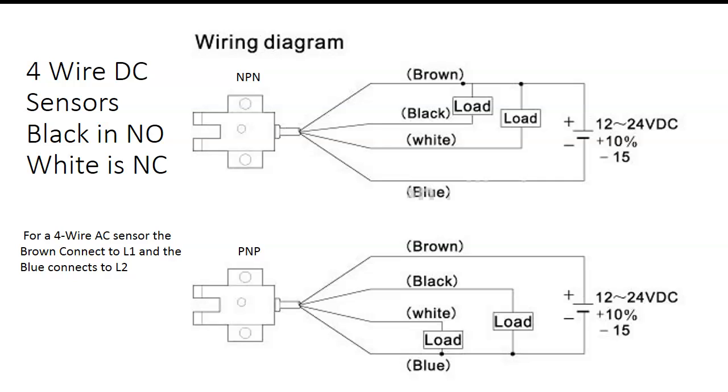Here the loads are used in a negative column, and up on top, the loads are used in a positive column. We okay? Question?